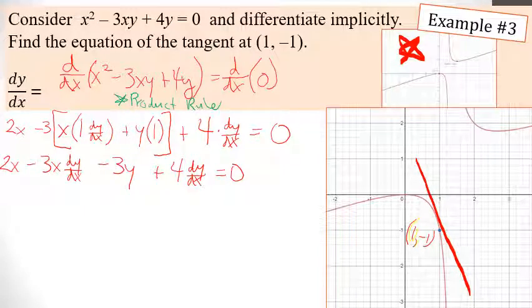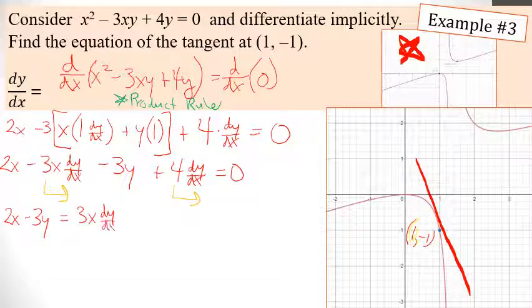So I have to solve for dy/dx, so I'm going to take a couple of terms to the right side. I'm going to take this one to the right side and this one to the right side. So I'm left with 2x minus 3y equals positive 3x dy/dx minus 4 dy/dx.